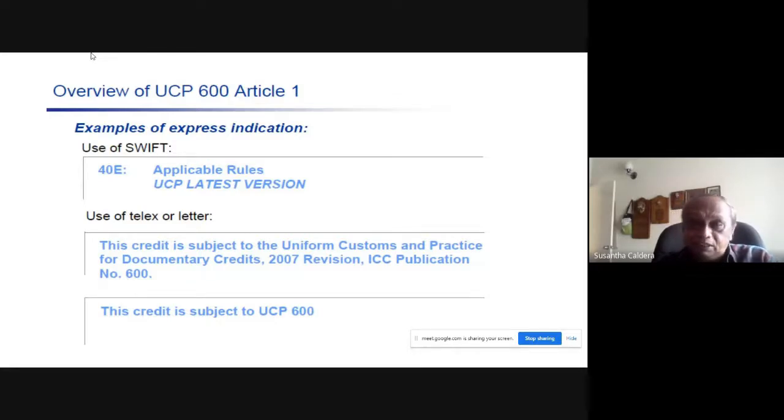But if you are doing the LC using the Swift, then you don't have to worry because automatically it will be subject to UCP 600. If you are opening the LC under Swift code, what is the Swift code?